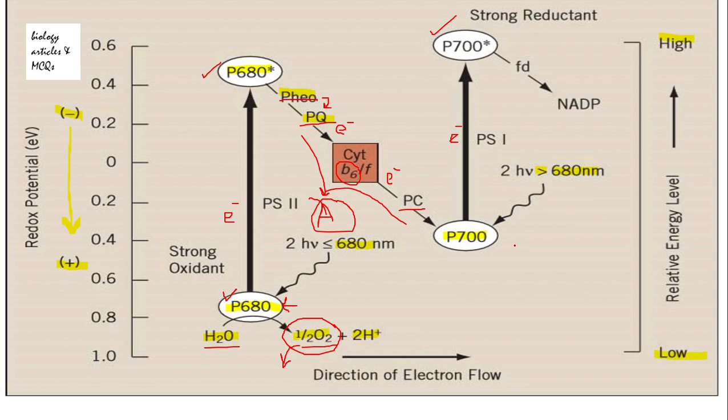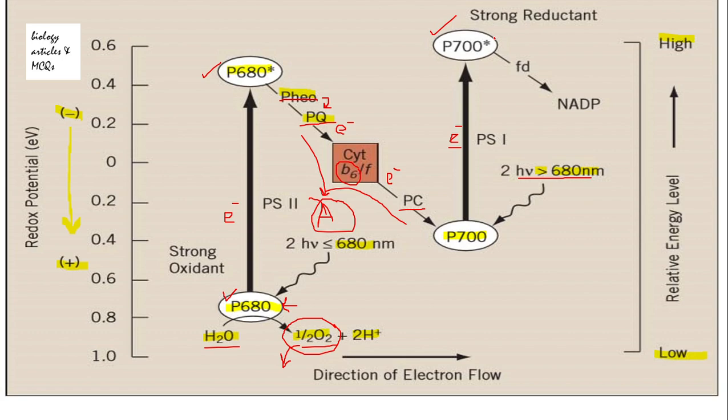This hole will be filled with the help of the energy that is coming from the light. So after receiving the light, there will be the excitation of the electron, and the electron hole in the P700 is now filled.